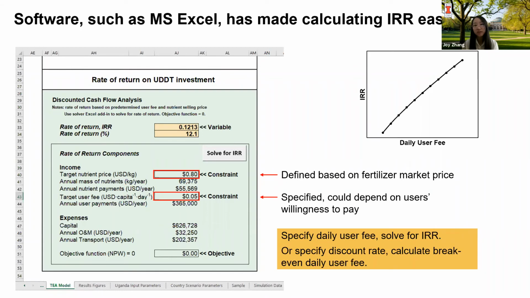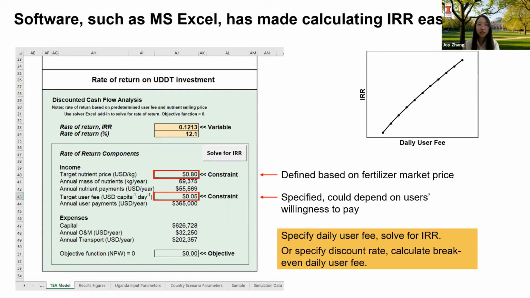But here we will set these 2 values as targets. We can specify these 2 values based on what we understand the users are willing to pay, or by observing the selling price on the market of similar products.